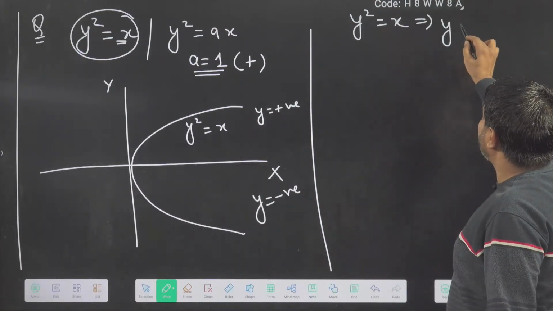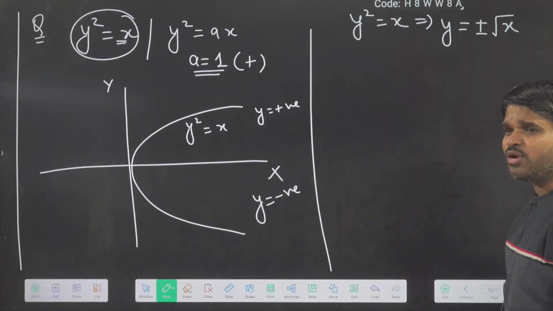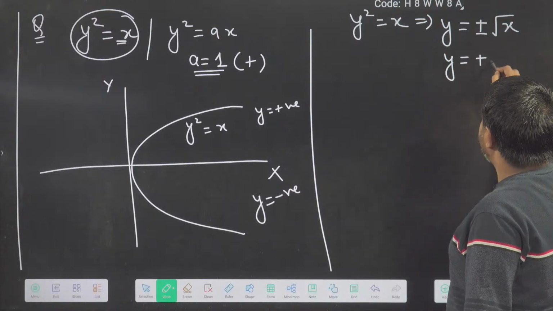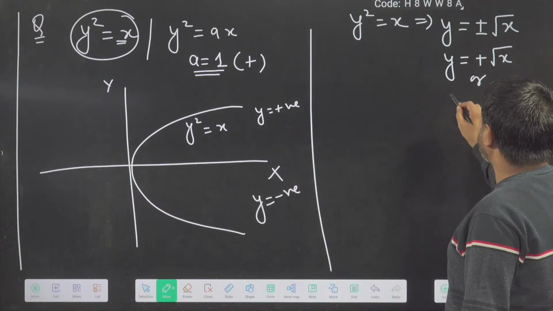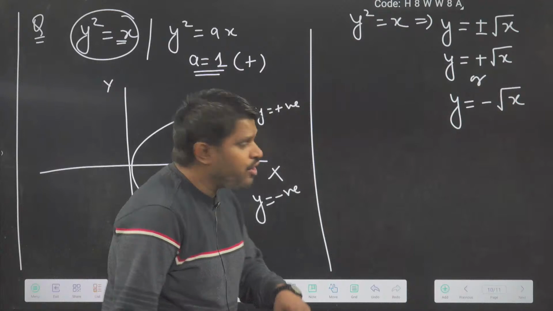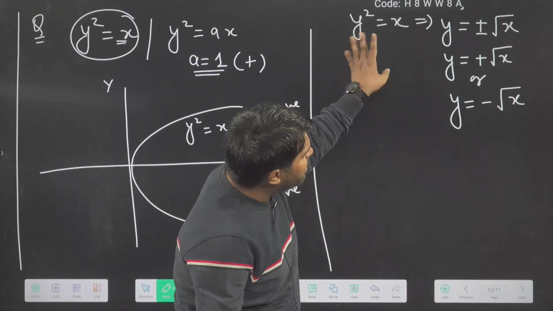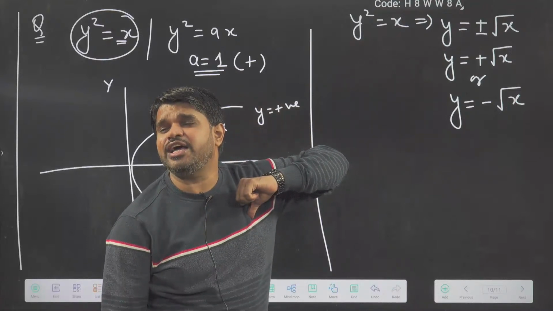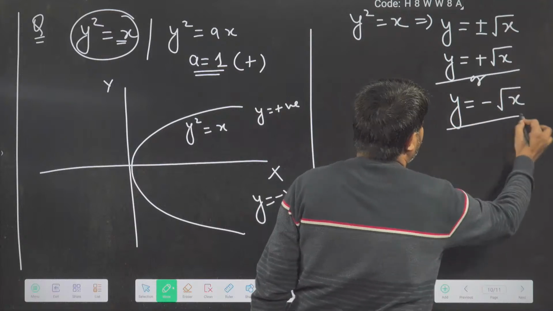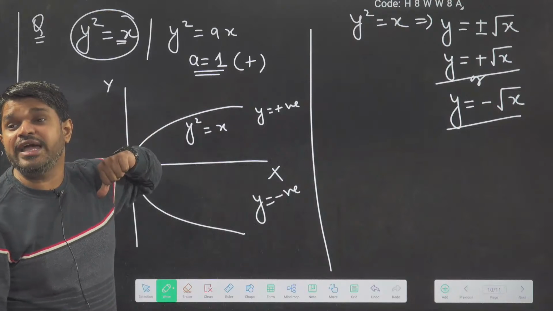I can write y as plus minus under root x. So from here, y gets plus under root x or minus under root x. It is giving one positive value of y and one negative value of y. Now, y is positive above the x-axis.